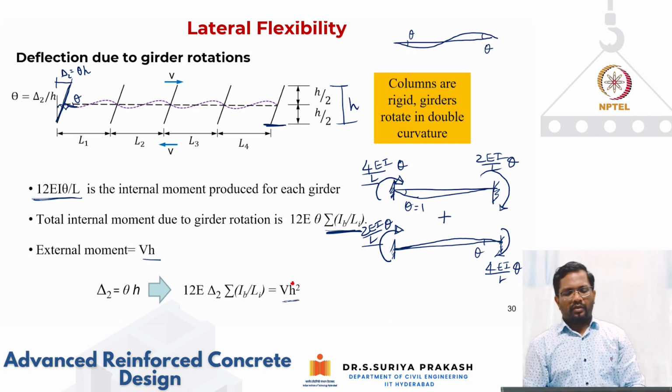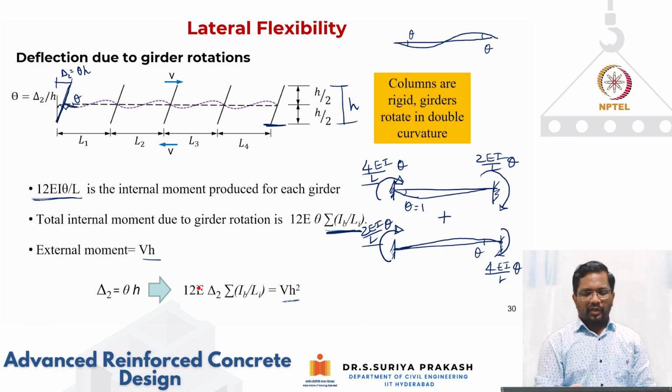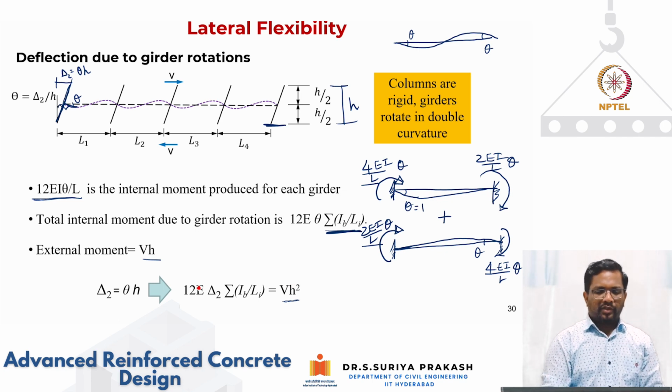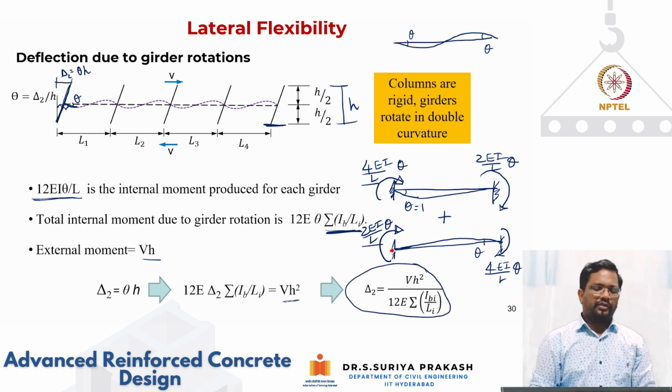So theta is this, and when I multiply by H, it should be equal to VH square. So I can find delta 2 in terms of V and beam properties like this.